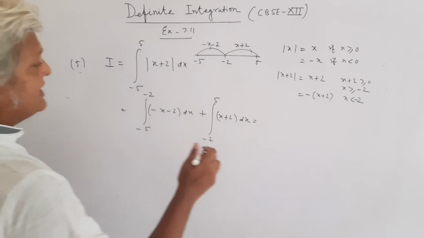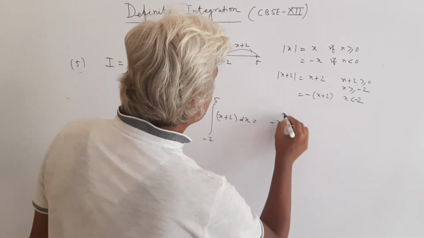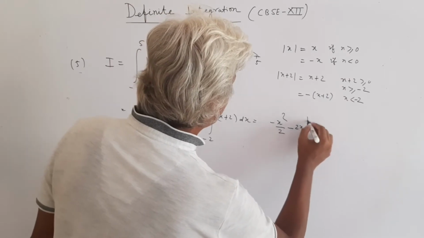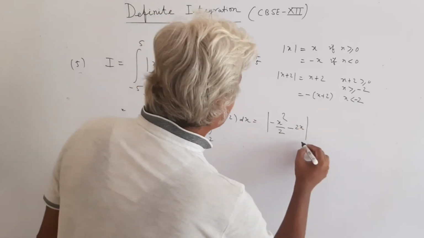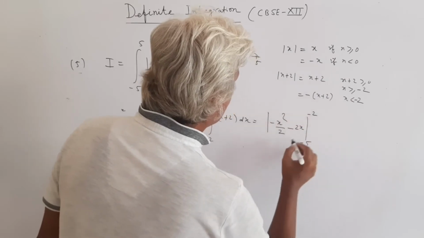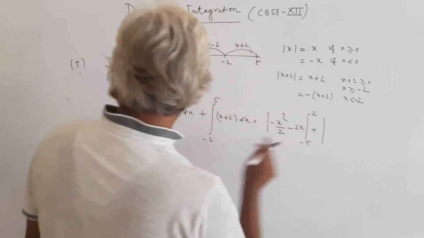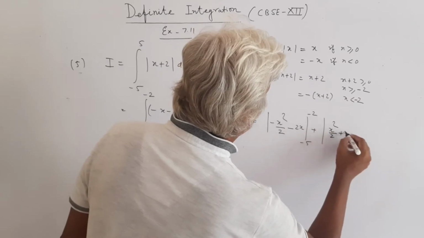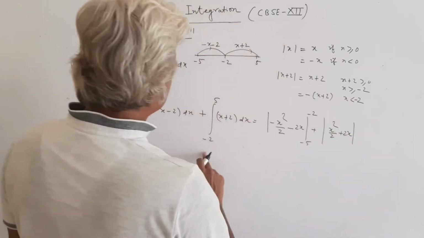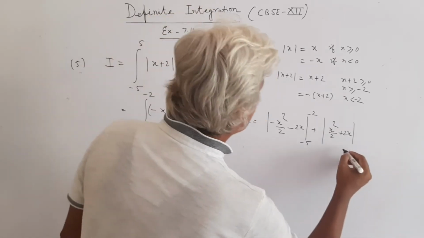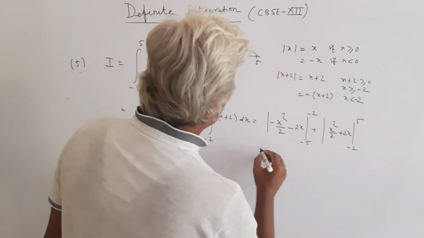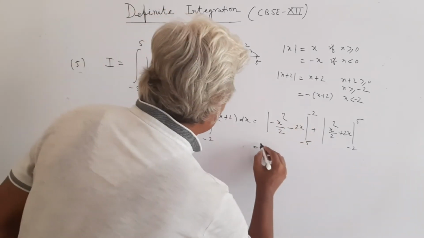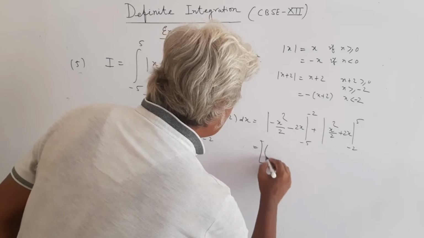Now I integrate them, so I get minus x square by 2 minus 2x, with limits from minus 5 to minus 2, and then x square by 2 plus 2x, with limits from minus 2 to 5. I can put the values directly, so I write one bracket and then another.